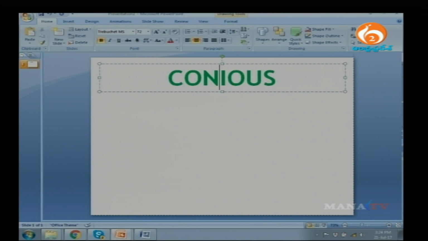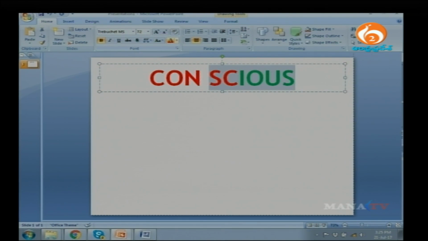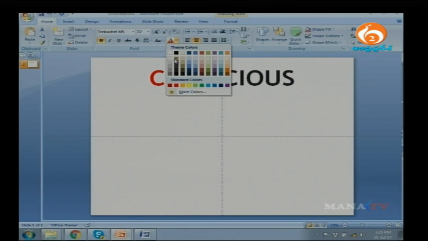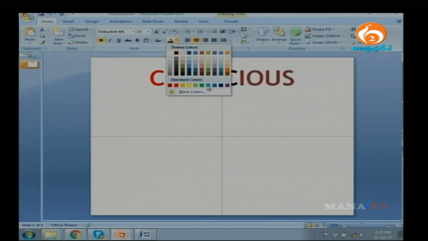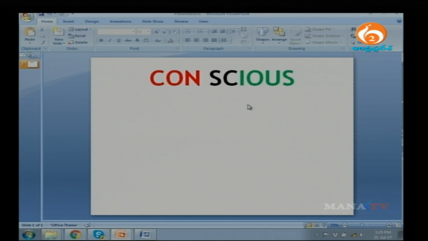For example, I have the word conscious. So how many syllables do I have? Conscious. This is my total number of syllables. Out of this, IOUS is my word ending. Conscious. Since this is the word ending, the previous syllable will take the stress.